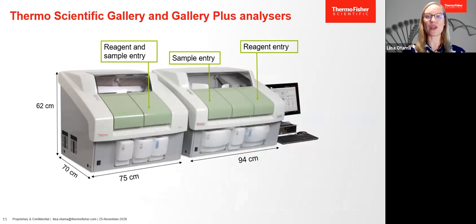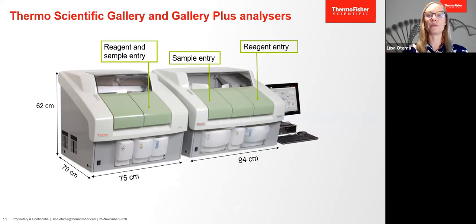And here is what our Gallery analyzers look like from the outside. We have two models. We have the Gallery, which has two covers, so it is slightly smaller. And then we have the Gallery Plus, which has three screen covers and is slightly bigger.